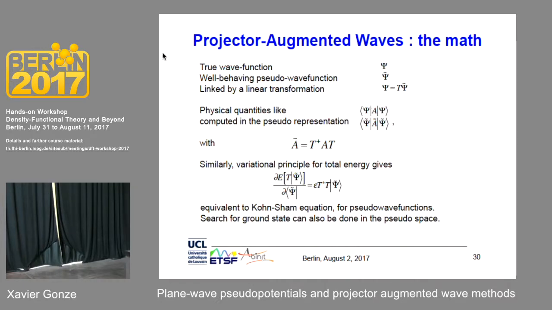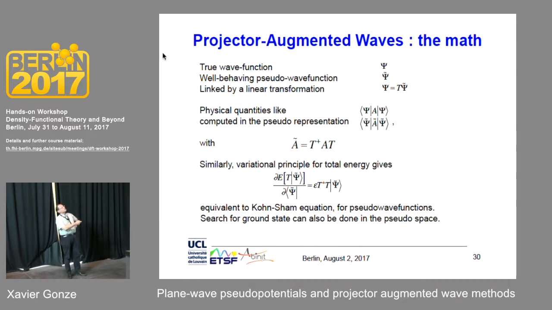The math is a bit long, so I will see what I can explain in the few minutes that are left. As I say, the true wave function is connected with a well-behaved pseudo wave function thanks to a linear transformation. The physical quantities, like this expectation value, will be computed in the pseudo-representation with this psi tilde, the A tilde, and the A tilde is defined by T hermitian conjugate A T.